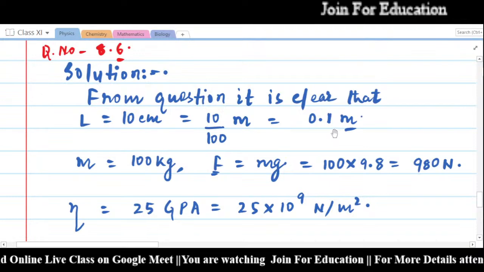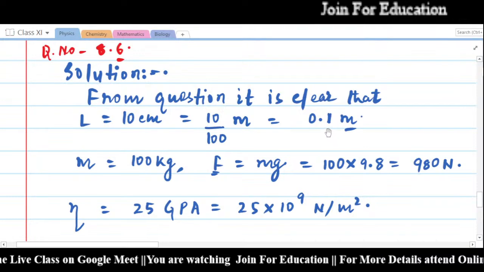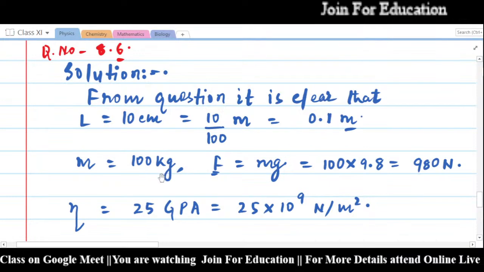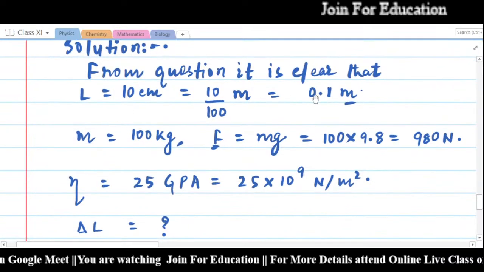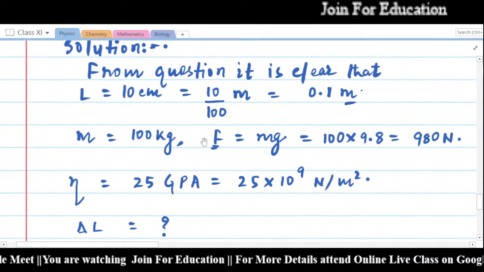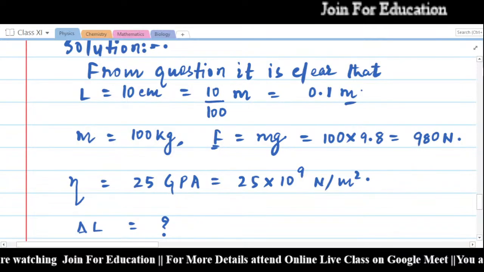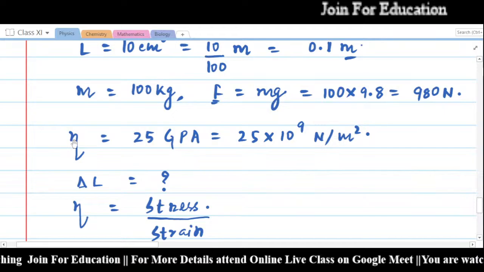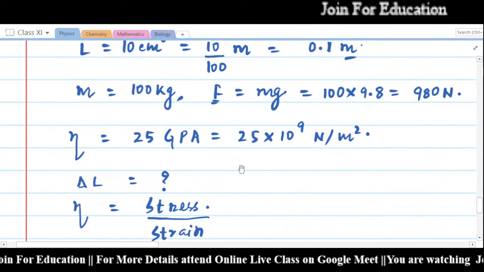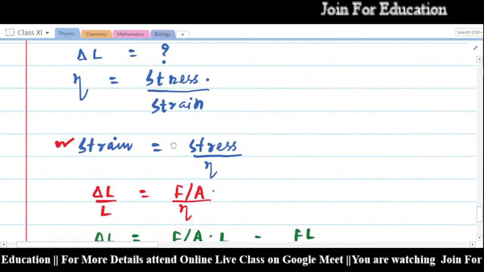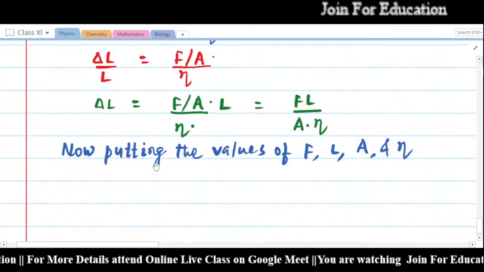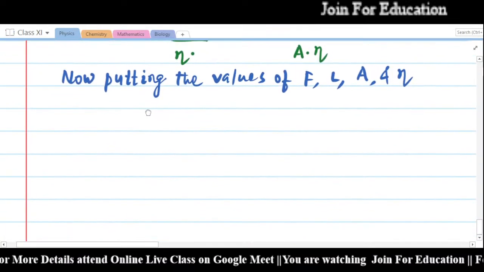We find out area, which will be equal to L square. So the value of L is given here, m is given here, F is given here, and modulus of rigidity is also given here. A will be L square.